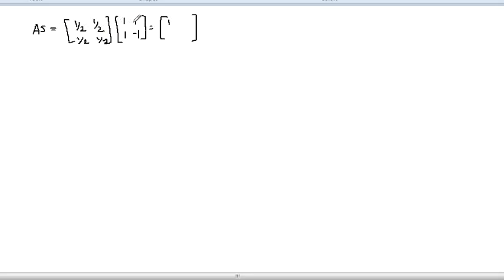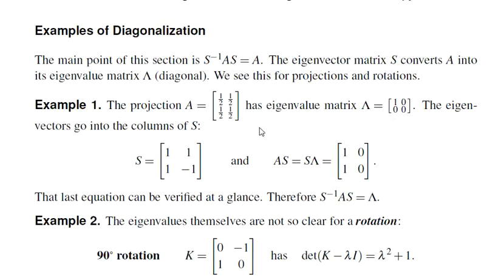Again 1 by 2 minus 1 by 2, which will be 0. Again 1 by 2 plus 1 by 2, which will be 1, and 1 by 2 minus 1 by 2 as 0. Let's see if we get the same after multiplying S and del.